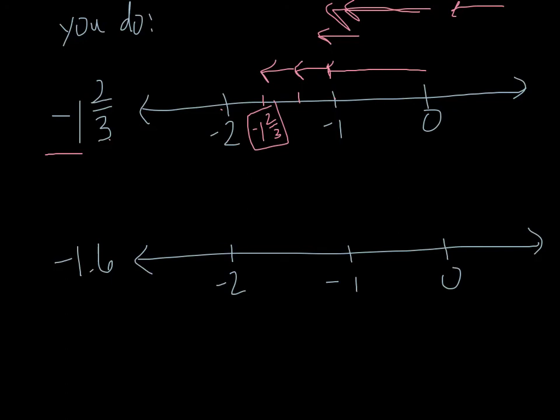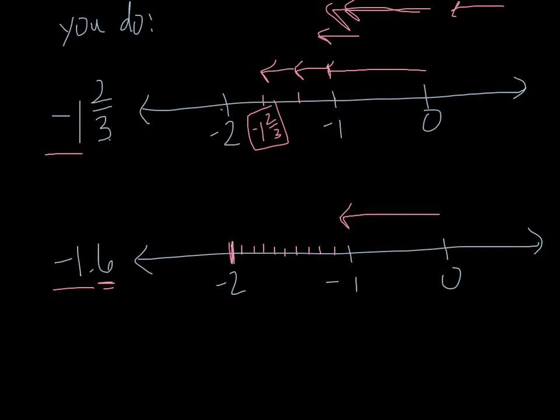For -1.6, same thing here. My whole number is -1. I travel that direction because I'm going negative. Then here I have 6/10, 6 out of 10. So I'm going to break this section into 10 pieces, 1, 2, 3, 4, 5, 6, 7, 8, 9.